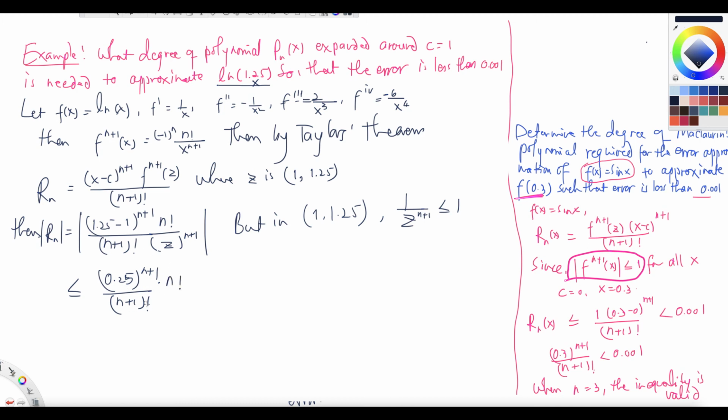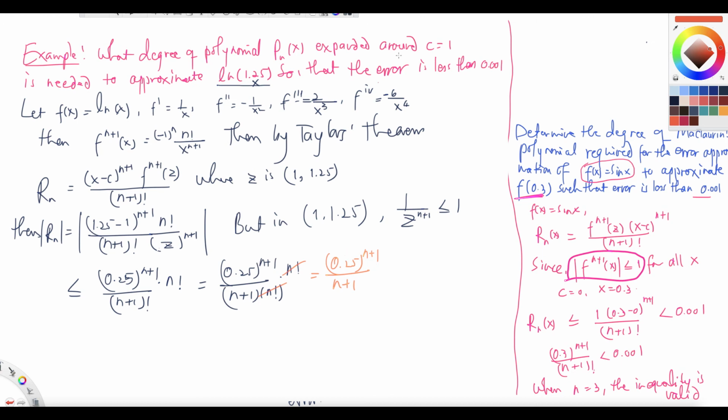Since all of these are positive, I didn't take the absolute value now. Look at this: 0.25 to the n plus 1 divided by (n plus 1) times n factorial, and then there is n factorial. You cancel those, so basically you get 0.25 to the n plus 1 divided by n plus 1.